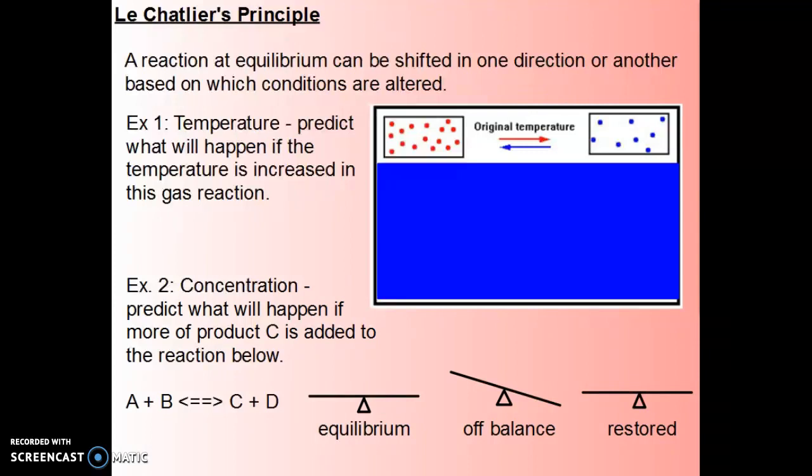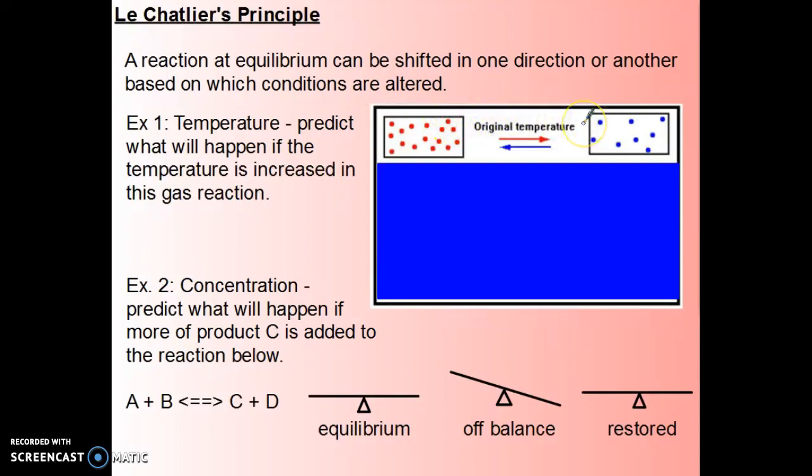And since we have way more reactant, which is represented by red here, than product, when you increase the temperature, the kinetic energy in this box is going to increase, and so will the kinetic energy in this box. But there's way more stuff over here, and so the collisions will occur much more frequently, which will cause the reaction to shift this direction.